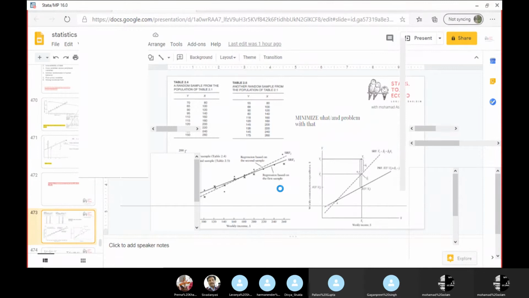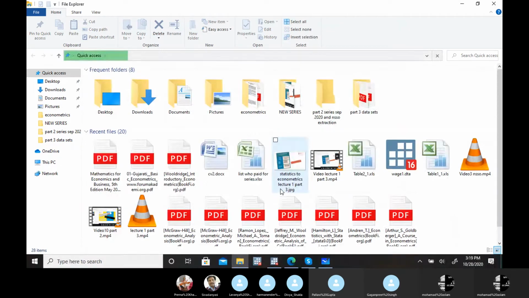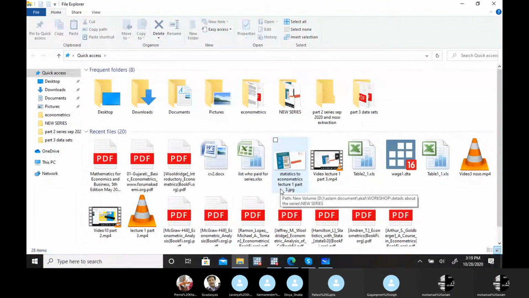Here the method we need is such that the sample regression function gives us a regression line near the population regression function so that we can use those sample results for the population. That's the bottom line we have.